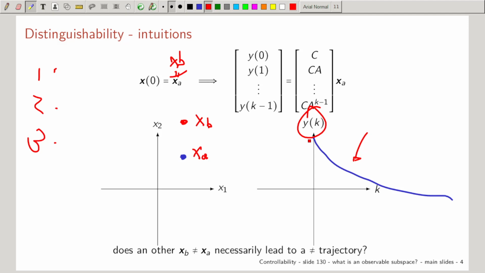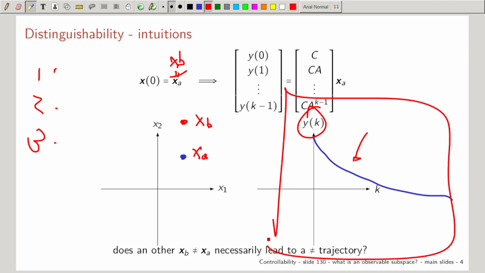In the plant, whenever you get a plant that is operating, do you measure x or do you measure y? You measure y. So this is the stuff that you get at your supervisory control and data acquisition system. Given the stuff here, and the boss tells you, is it this one or this one that was the initial condition of the plant? Would you be able to answer, given this C and given this A? No. You see?